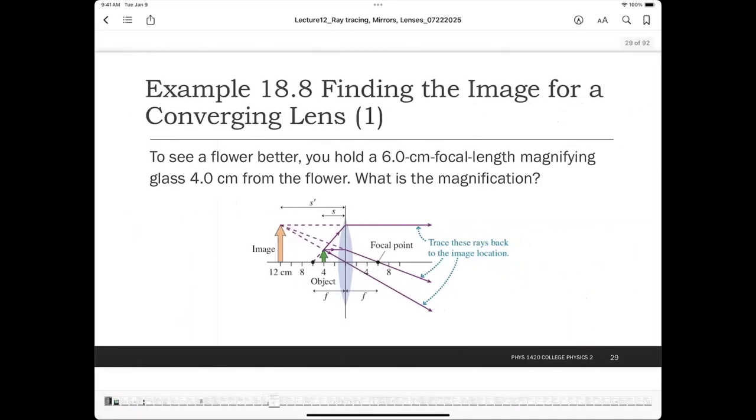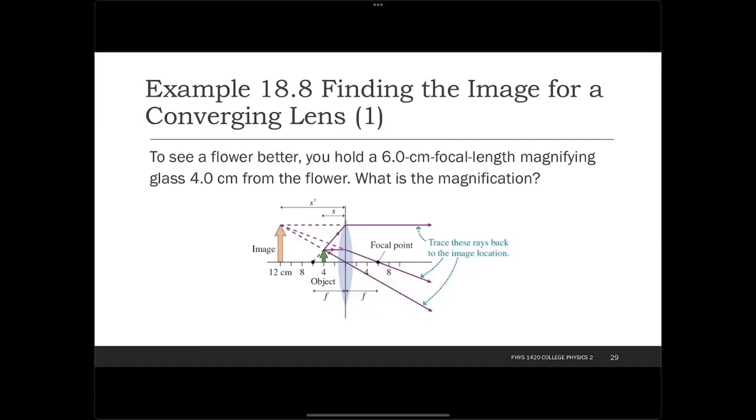Okay, and let's talk about one example, finding the image for a convergent lens. To see a flower better, you hold a 6 centimeter focal length magnifying glass 4 centimeter from the flower. What is the magnification?